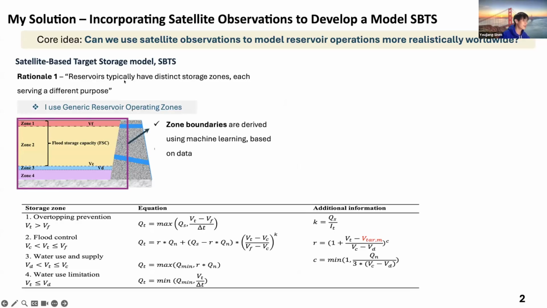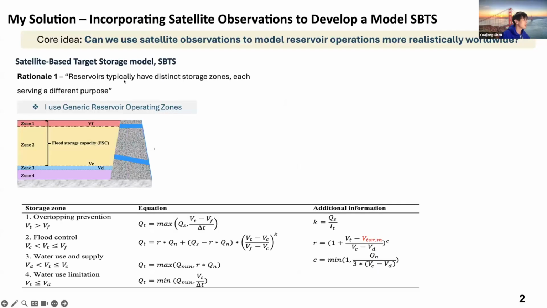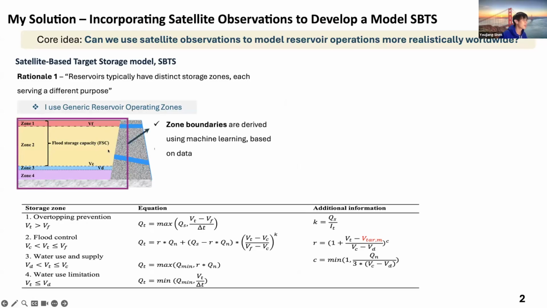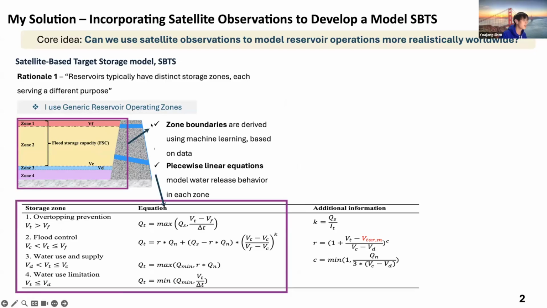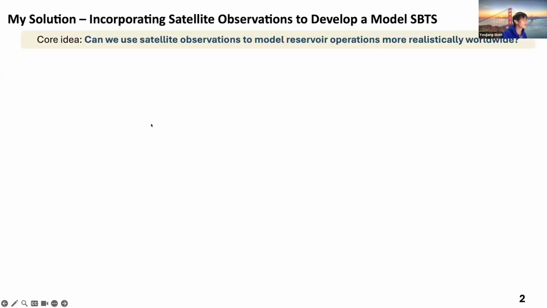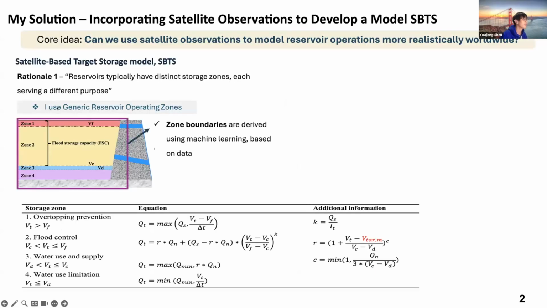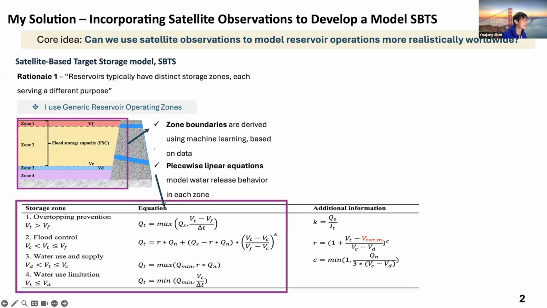The first part typically divides reservoirs into different water zones. And for each zone, we established the release and storage relationship. These zones use generic zoning and are derived using machine learning. And then piecewise linear equations are formed to model the water release in each zone.